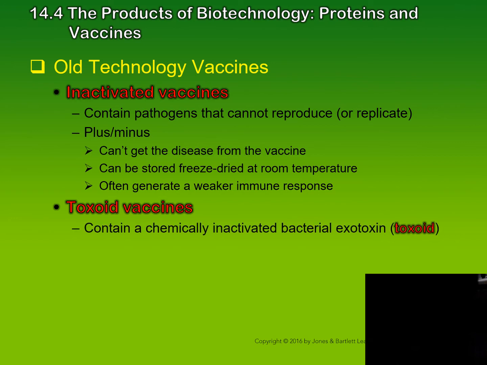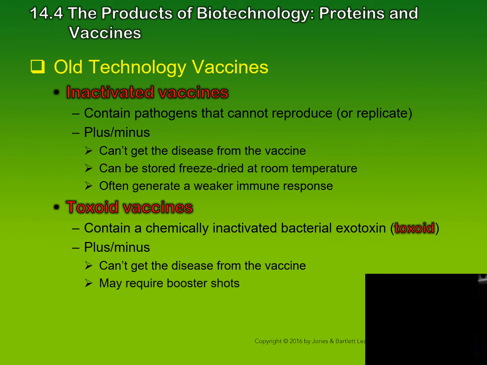In toxoid vaccines, now you're trying to get a vaccine just to the toxin that the bacteria is going to generate. And you can't get the disease because you don't have the organism at all. You only have the toxin present.